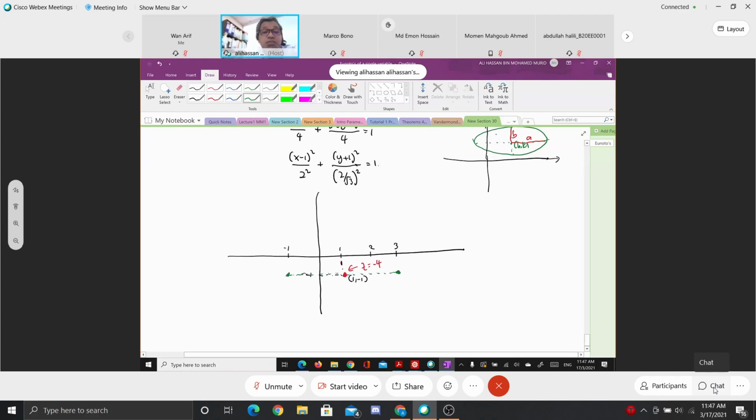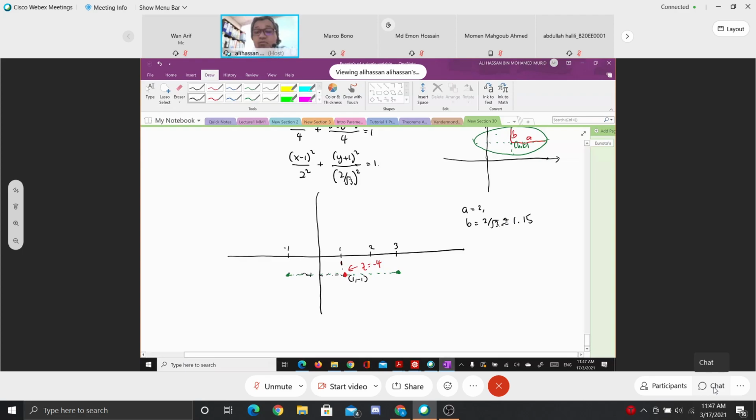And then what about b? b is 2 over square root 3. So here we have a equal to 2, and b is 2 over square root 3, which is less than 2, right? What is 2 over square root 3? If you use your calculator, it's 1.15.